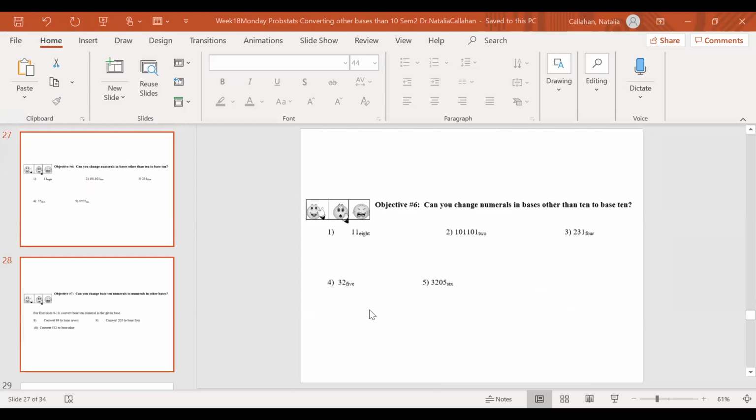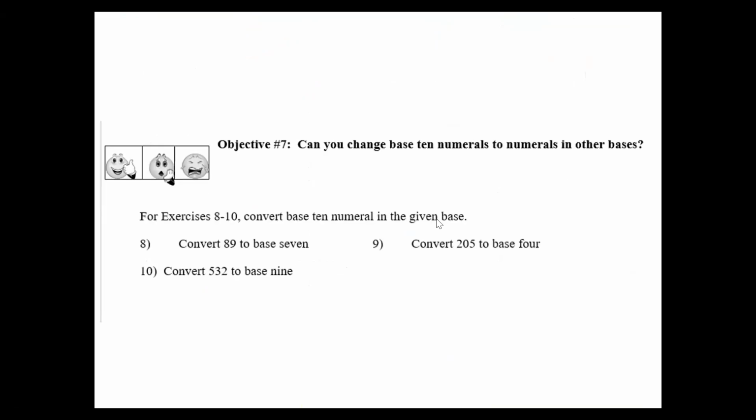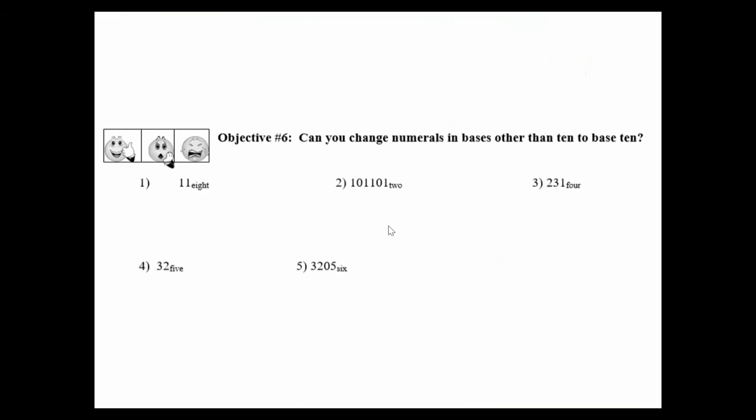Still here, don't worry, I'm just pasting this on there. Okay, so objective 6 looks like this, and objective 7 looks like this. If you don't understand how you get these answers, let me go over one with you.